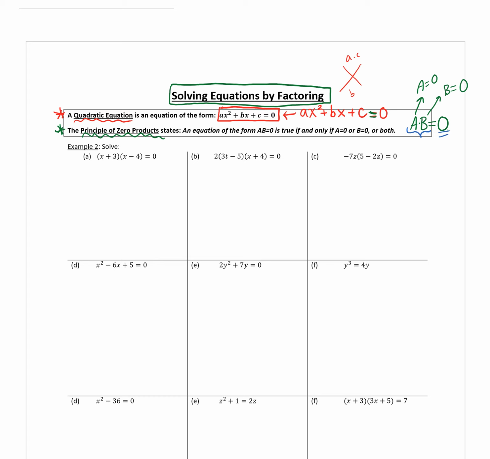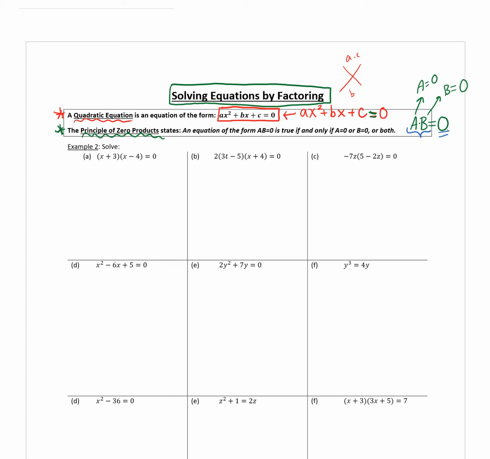It could be any combination, but one of them has to be 0. If you multiply two numbers that are not 0, you're not going to get 0. So that's really all they're saying in this principle of zero products: if you multiply two things together and you get 0, that means one of them has to be 0, or maybe both are 0. You never know.